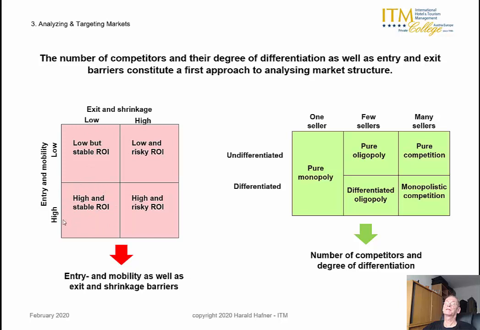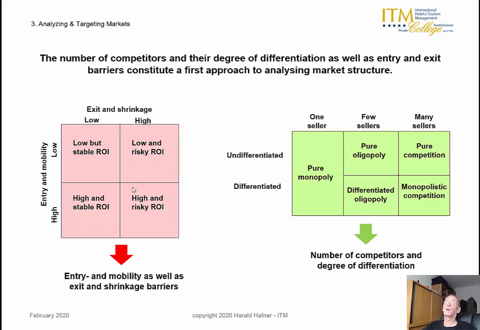If we come to the next aspect with high entry barriers and low exit barriers, that will be the best structural situation that you could be in, because it ends up in high and stable return on investments. It's very tough to get into the market because of capital requirements, because of scarcity of locations and all the other things that I have mentioned. But on the other hand, it's very easy to get out of the market if things don't work.